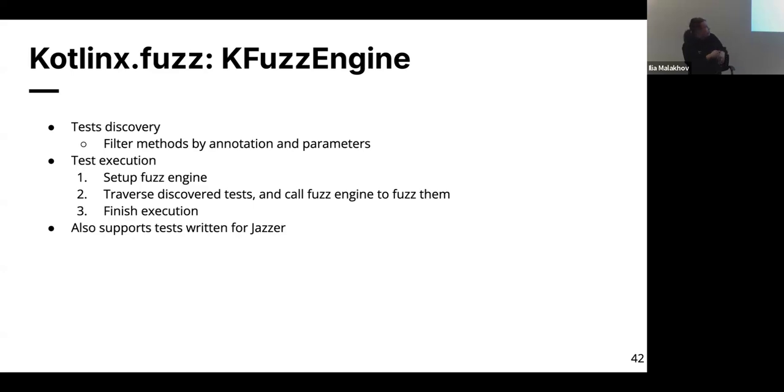One more thing to note is that we also support tests written with the Jazzer API. So basically, if somebody uses Jazzer in their project, they can easily switch to our fuzzer and get smoother migration and many more new features.